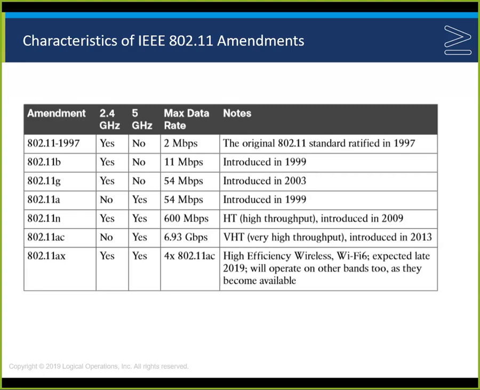MIMO is multiple input, multiple output. We've talked about, and let me draw some bad scrawling down here, that we can have multiple antennas on the devices, and we can have this connection here, and we can have another connection here, so we can have multiple connections instead of a single half duplex connection.